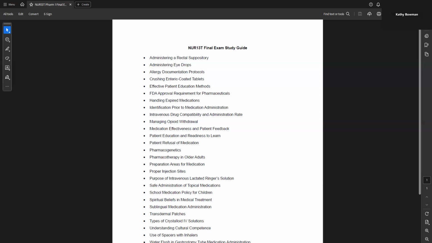Now, but what about IM? What are the sites? Where can you inject? Okay, deltoid. Deltoids are good for small volumes only. It's good for vaccines. Glutes. Oh, so good.